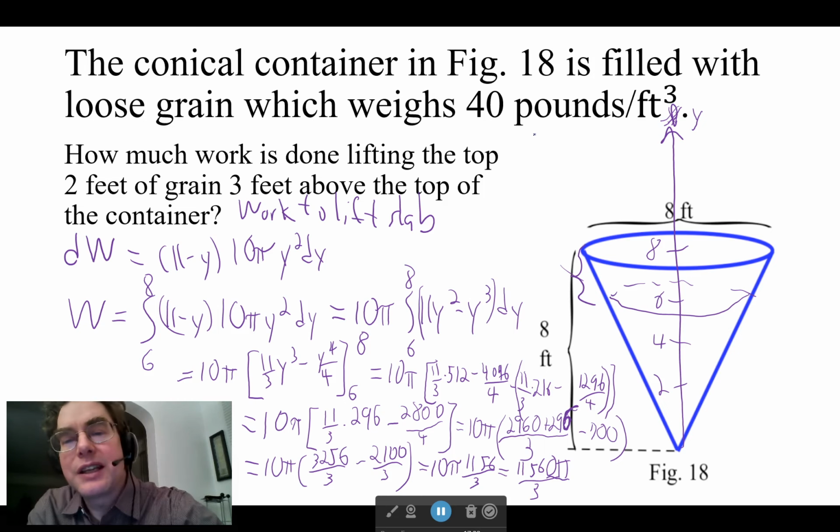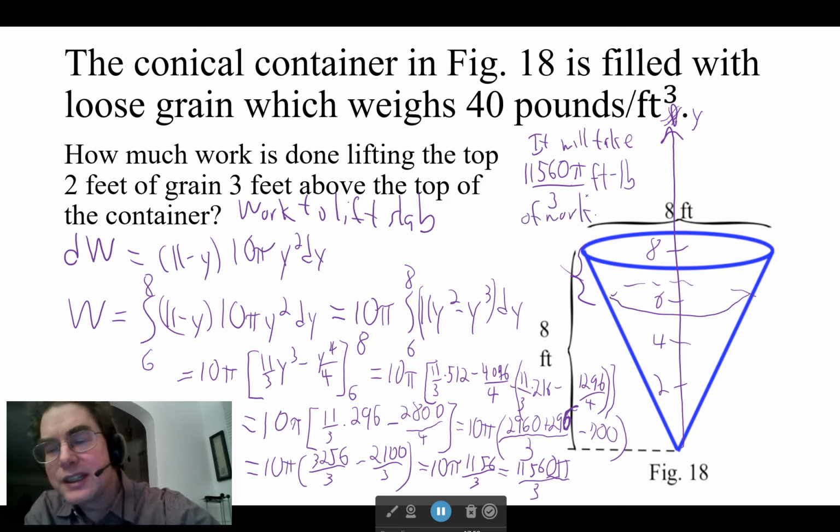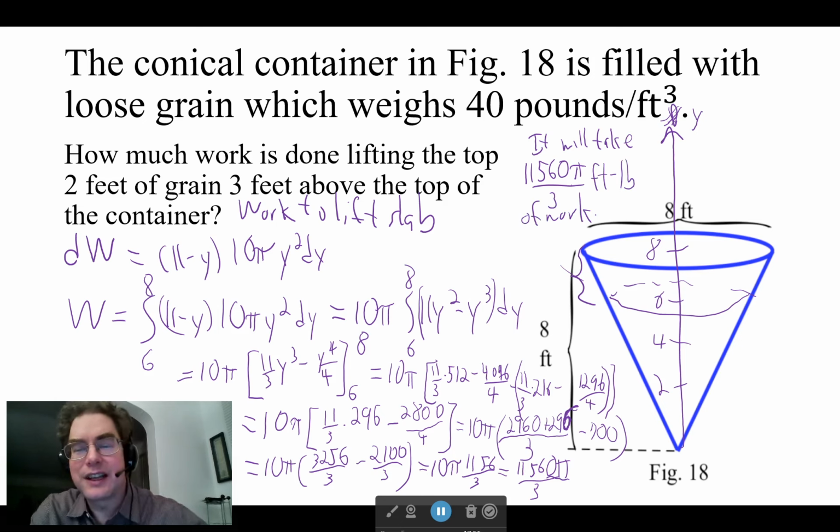So I'm going to say it will take 11,560 pi over 3 foot-pounds of work. And that's just to lift the top 2 feet of grain out of this conical container.